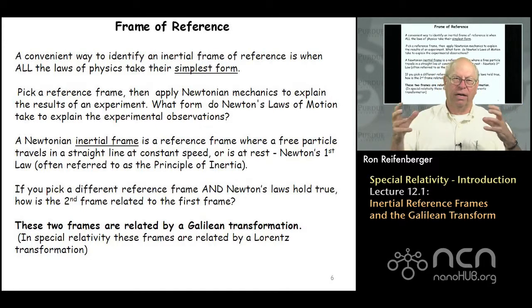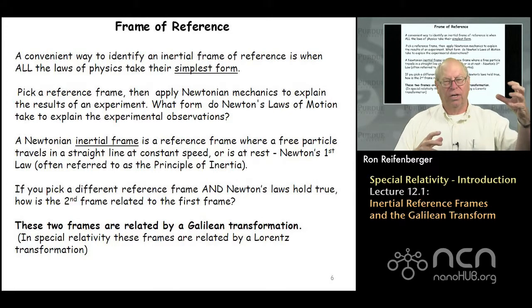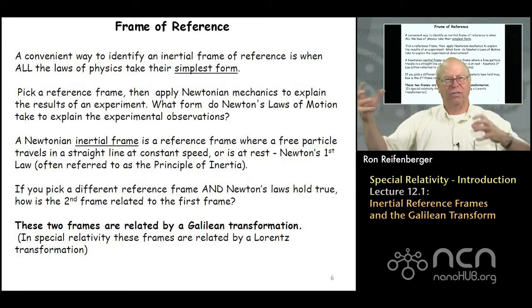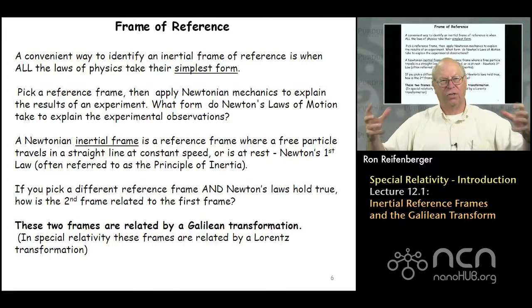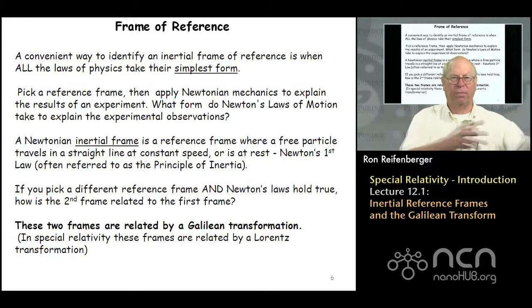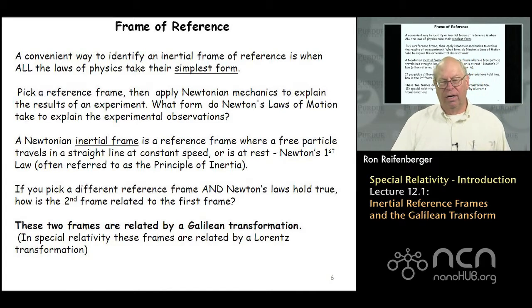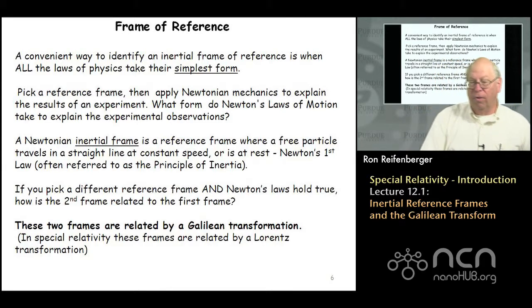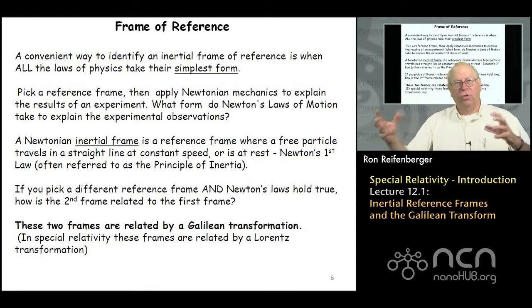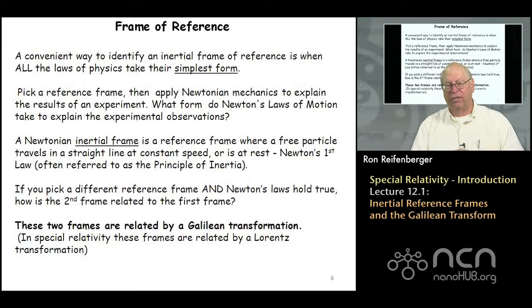That becomes an important problem because you'd like to be able to translate the experiments done in each inertial reference frame and relate them back to identical experiments that were performed in a second frame. Well, these 2 inertial reference frames are related by something called a Galilean transform, and that Galilean transform is going to be the subject of the remainder of this lecture.